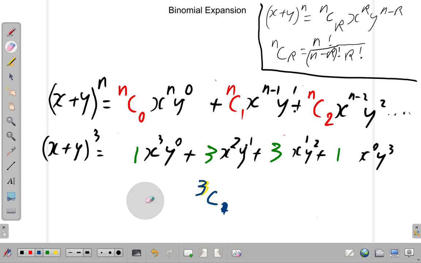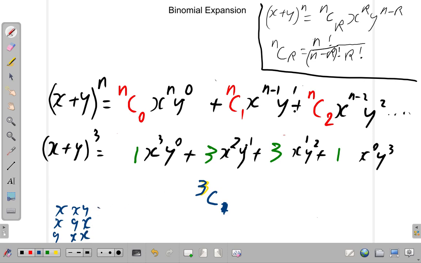So that's it. Now let's look at this. You have 3 items to arrange: 2 x's and 1 y. How many ways can you arrange these? Let's see. You can have x by x by y, or you can have x by y by x, or you can have y by x by x. You have 3 combinations. There's nothing more.